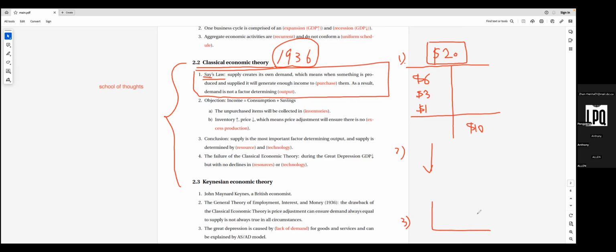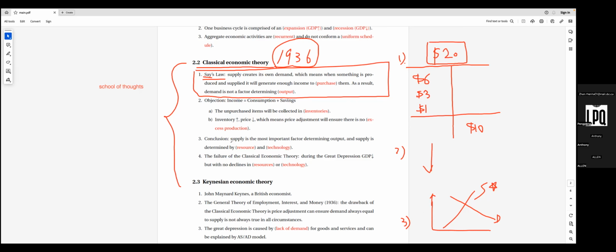So the supply side is more important. As long as we supply something, the demand curve will be there. And for sure we will build this trading economy, so the GDP will grow.